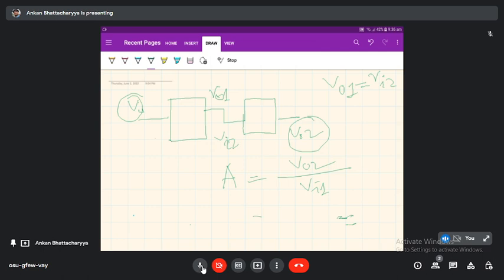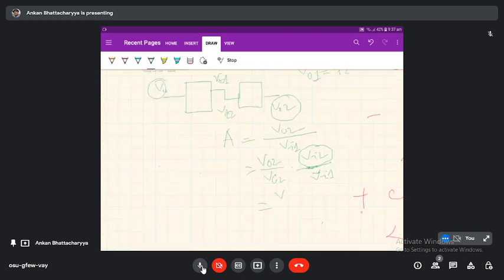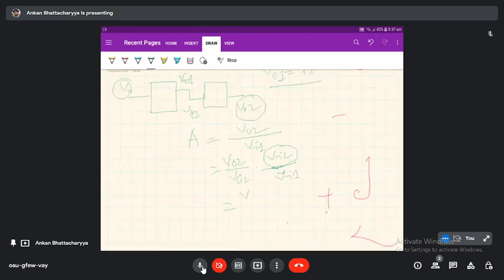This is again simplified as VO2 by Vi2 into Vi2 divided by Vi1. Now Vi2 is again equal to VO1, so it is VO2 divided by Vi2 into VO1 divided by Vi1.